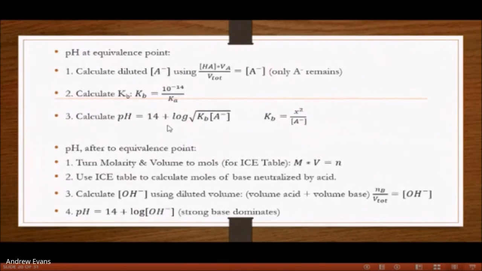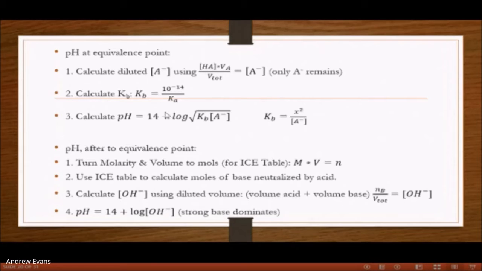At the equivalence point, once again, it's not quite so easy. Instead of just being pH 7, we have all A minus left. So you have to calculate how much A minus would be left: if all the HA has been turned into A minus, we take HA times VA over V total to figure out the molarity of A minus.